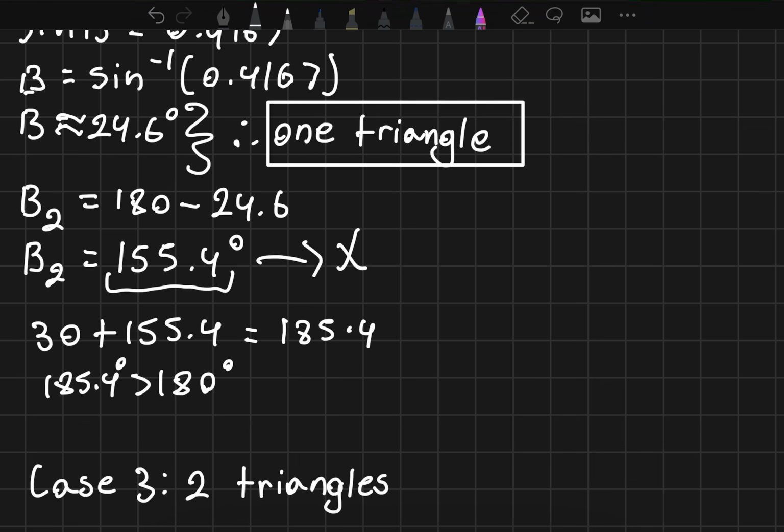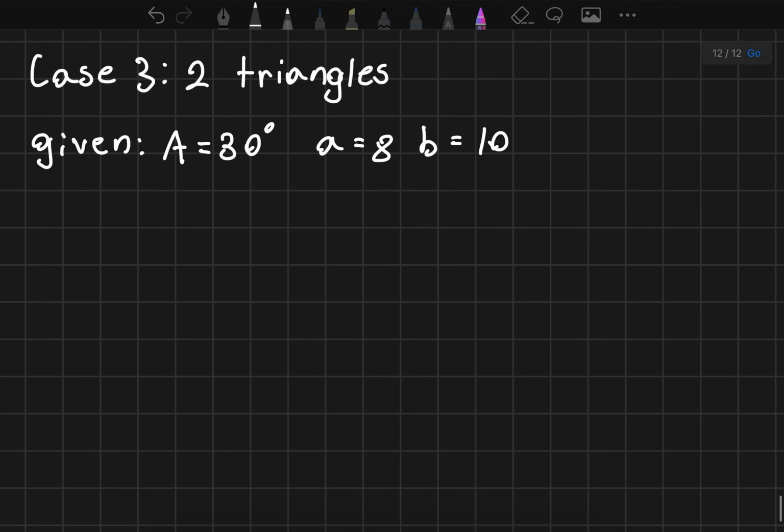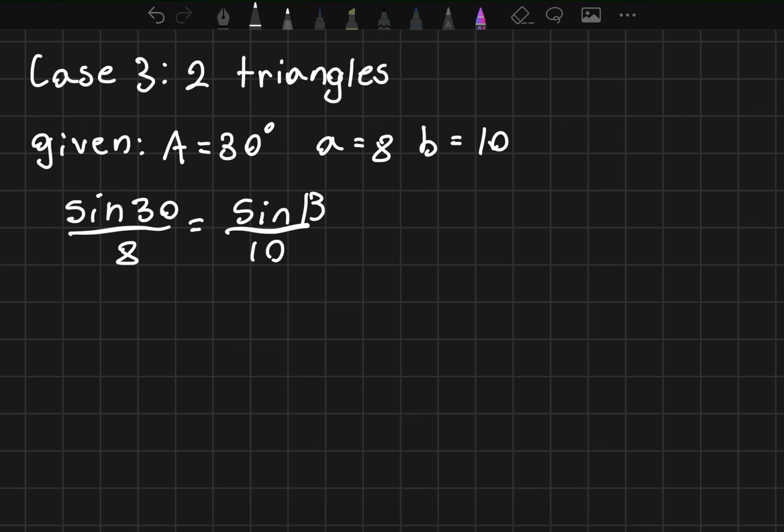And now moving on to the last case, we have two triangles. In this case, we're given 30 degrees as the angle, with length of A being 8 and length of B being 10. So first let's set up the sine law. Sine of 30 divided by 8 is equal to sine of B divided by 10.